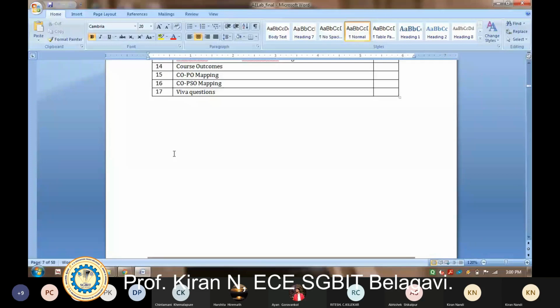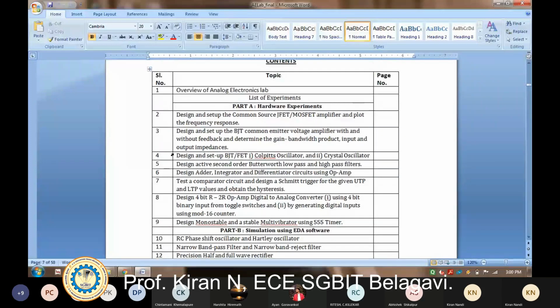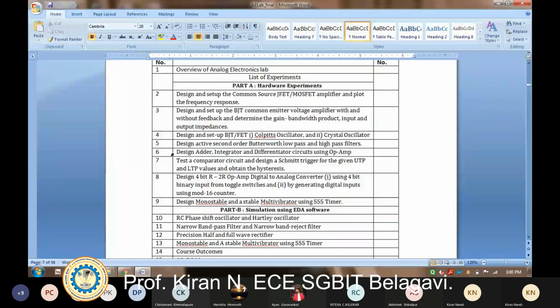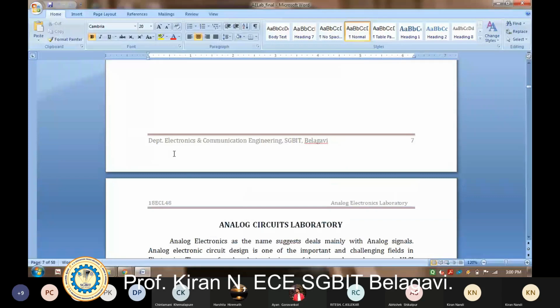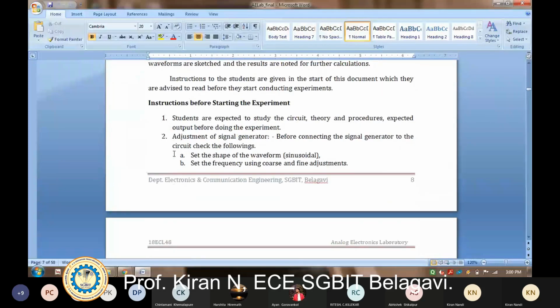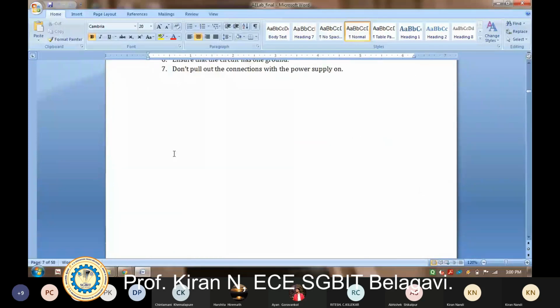As I have told already, there are part A and part B. Part B is software simulation and part A is hardware with discrete components, and we have to perform these experiments there. So let us move on with the first experiment.